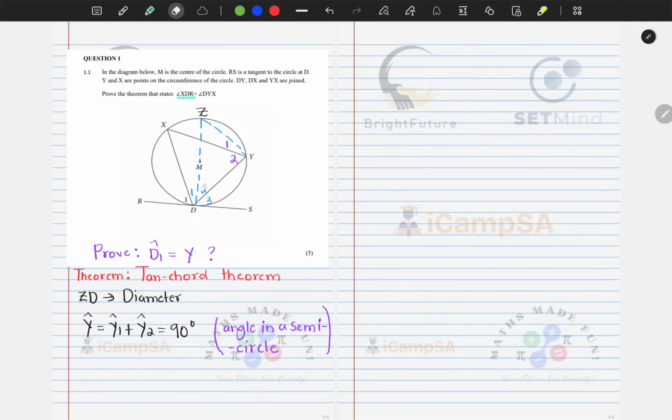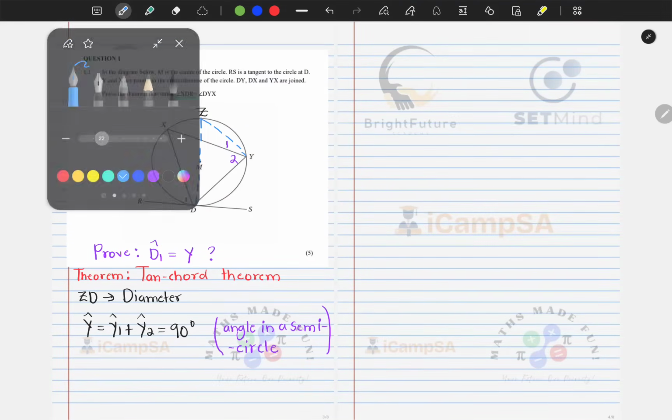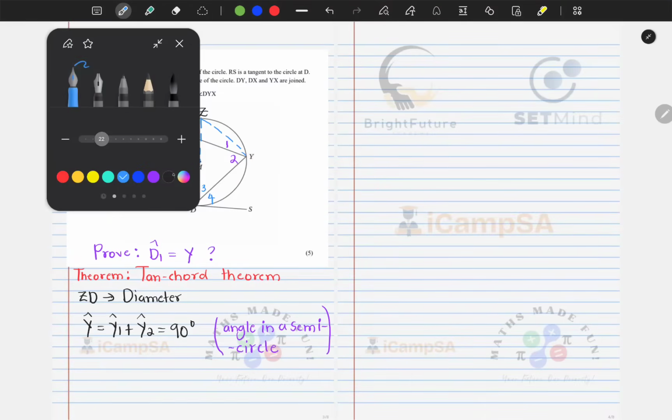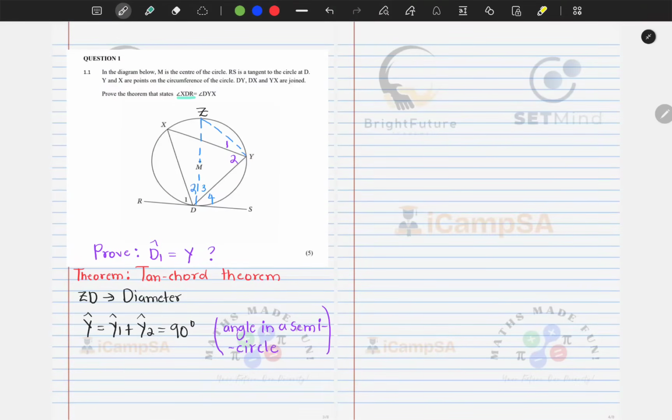So let's quickly fix something. We already have D1 here, so let's just quickly fix this. This is going to be D2, D3, and D4. Then what we know is that our radius will always be perpendicular to our tangent. What does that mean?